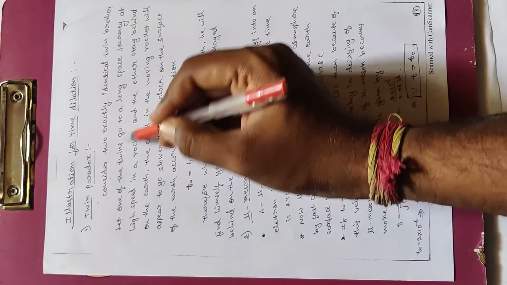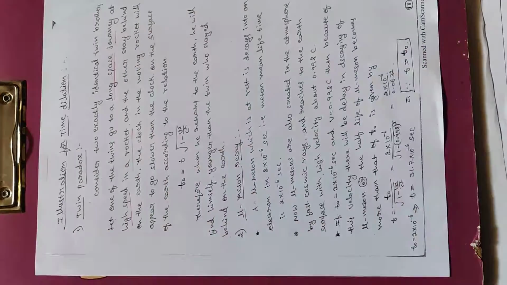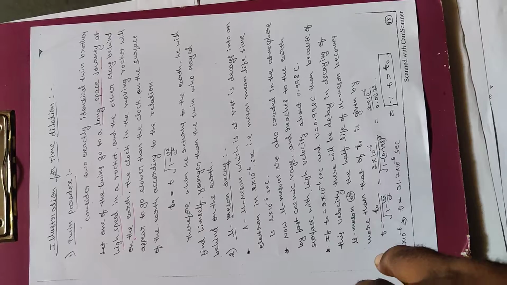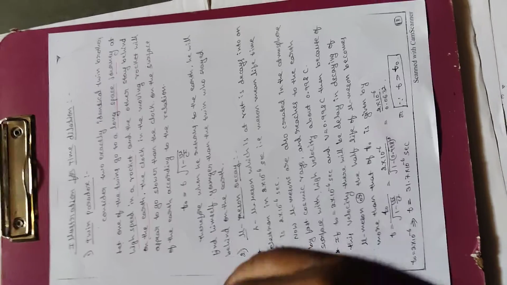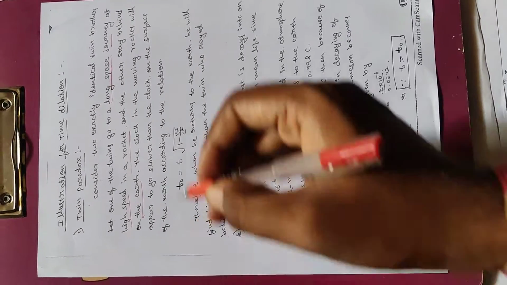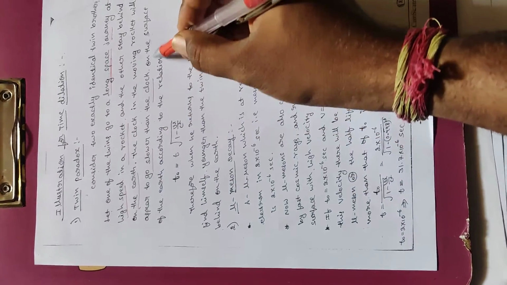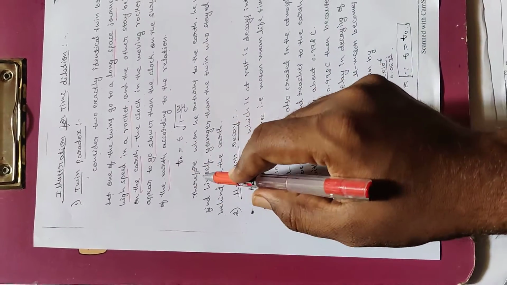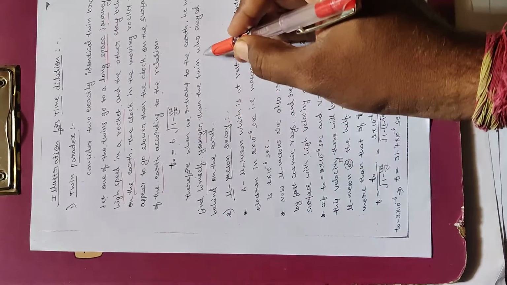One goes on a long space journey in a high speed rocket, and the other stays on the earth. The clock in the moving rocket will appear to go slower than the clock on the earth. Therefore, when he returns to the earth, he will find himself younger than the twin who stayed behind.